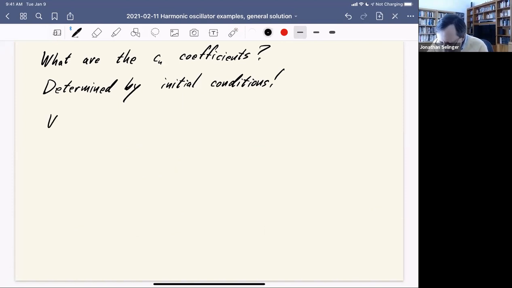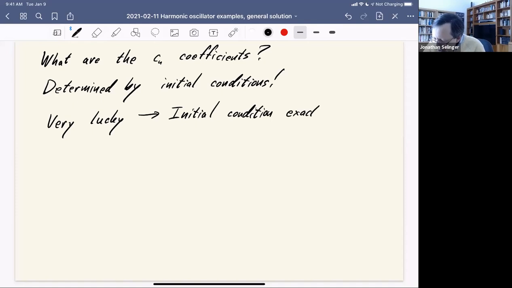That is, if you are very lucky, the initial condition exactly matches one state.